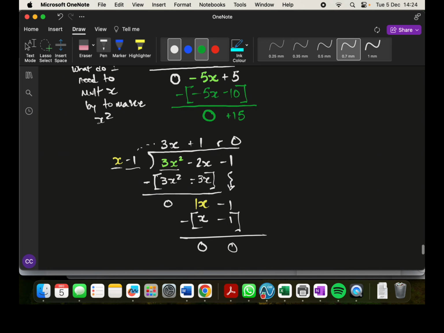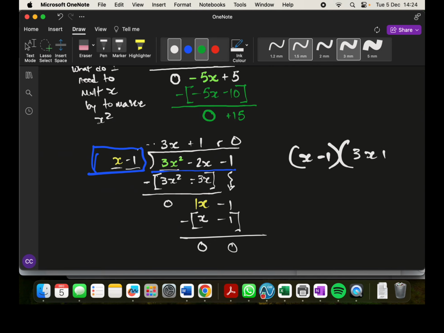So what that means is, first off, this is a factor of this. Because if I did x minus 1 times 3x plus 1, if I do that multiplication, I get 3x squared plus x minus 3x minus 1.